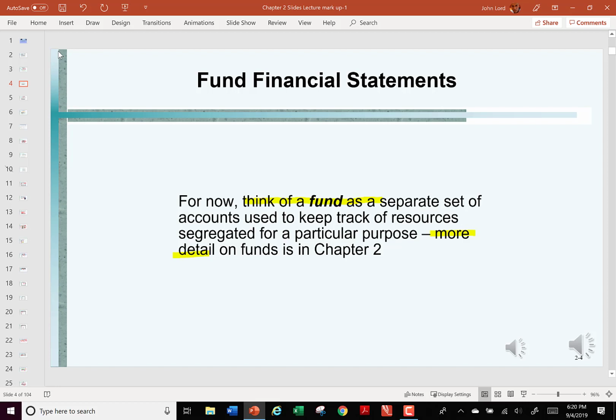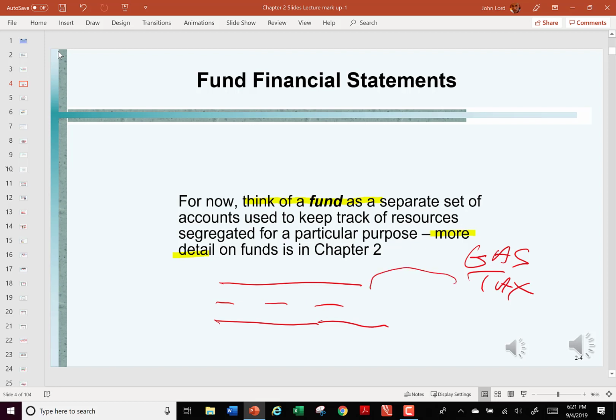Okay. Now, when we have the fund statements, we say that what? We're providing additional detail, and it's a set of accounts that are set aside or used to keep track of resources, segregated or set aside for a particular purpose. And remember, last time I kind of showed you the road, and we put what? Steamroller. Right, we put a gas tax.